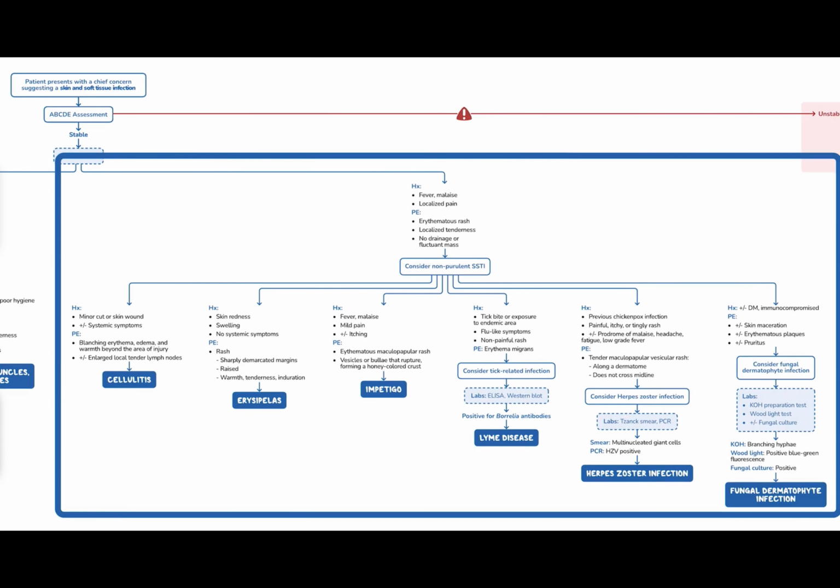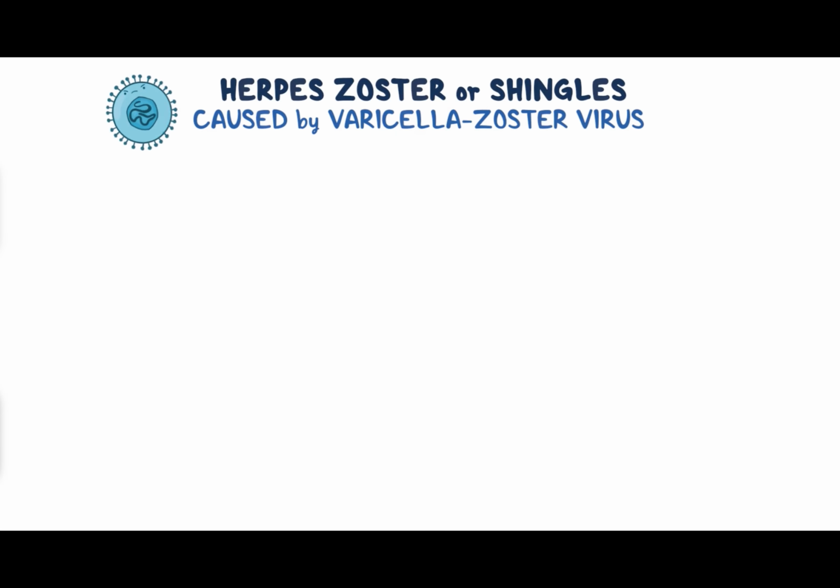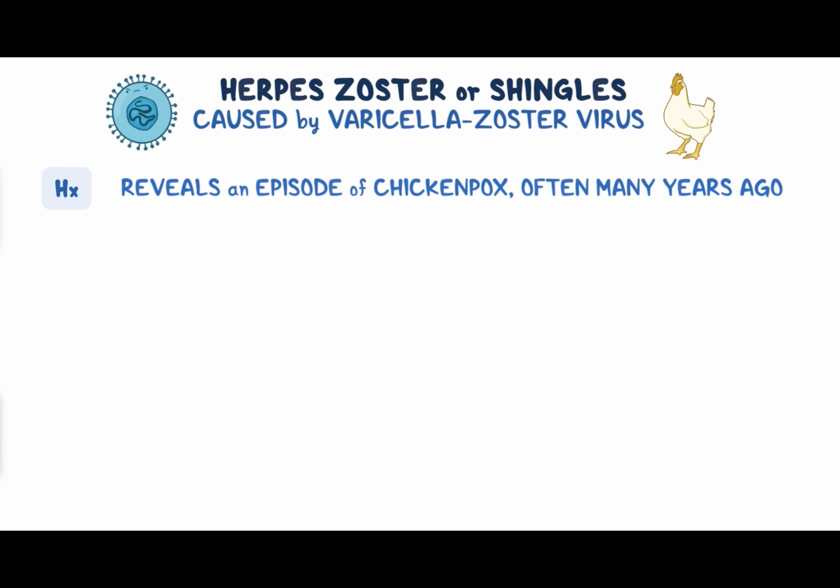Now, let's move on and talk about non-bacterial SSTIs like viral infections such as herpes zoster or shingles. This is caused by the varicella zoster virus, which is the same virus that causes chickenpox. So, history almost always reveals an episode of chickenpox, often many years ago.